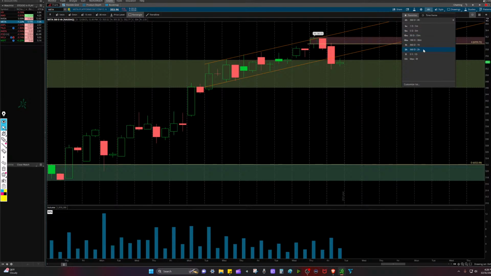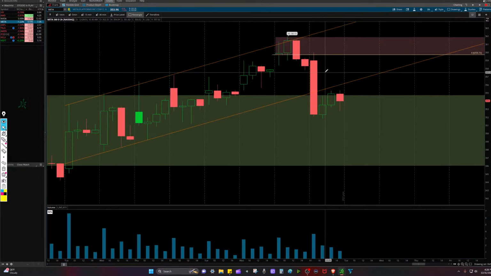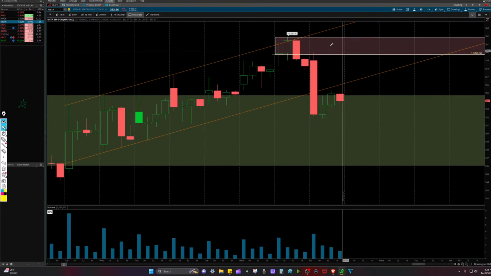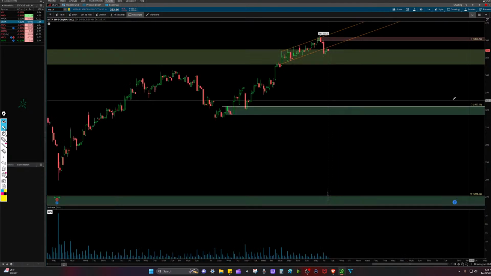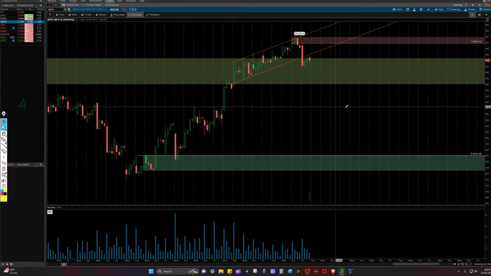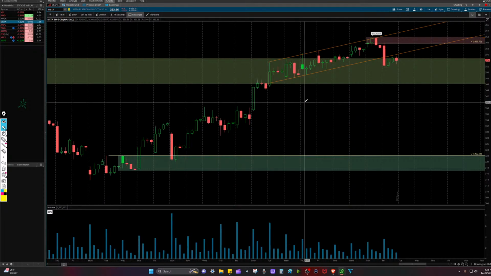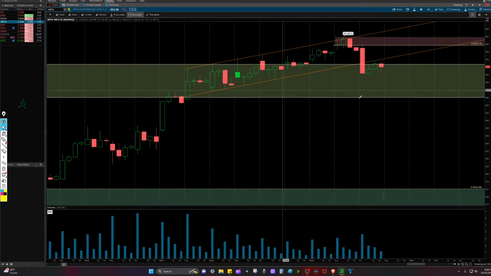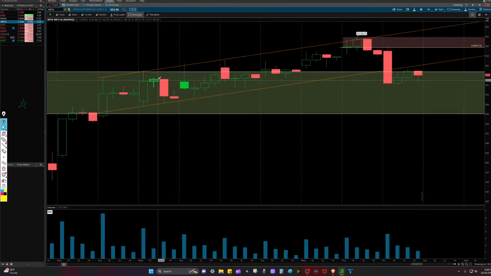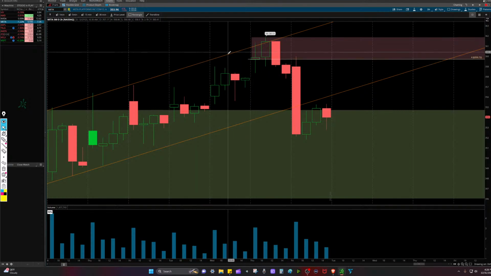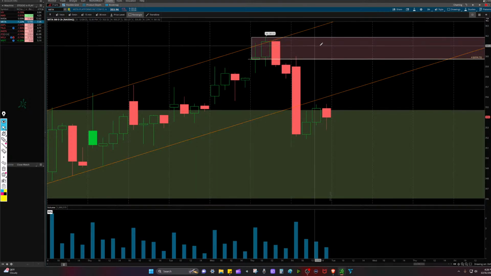I like to mark it in red. I don't like it bright red or bright green. As you can see, it gives me a little psychological effect if I see too much green or too much red while I'm trading. So that's how it is.